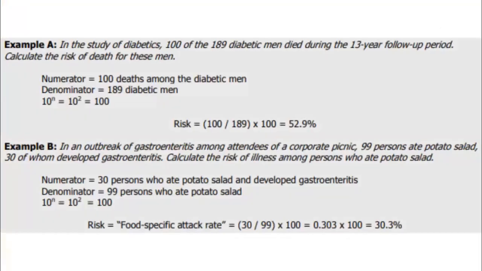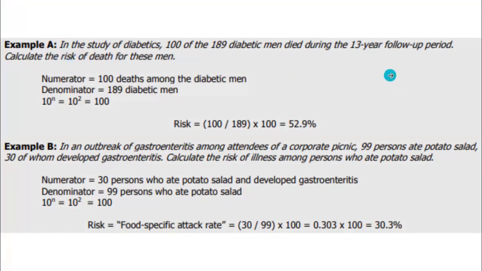Math is better explained with examples. In a study of diabetics, 100 of the 189 diabetic men died during the 13-year follow-up period. Calculate the risk of death of these men. The other term for risk here is attack rate or incidence proportion.